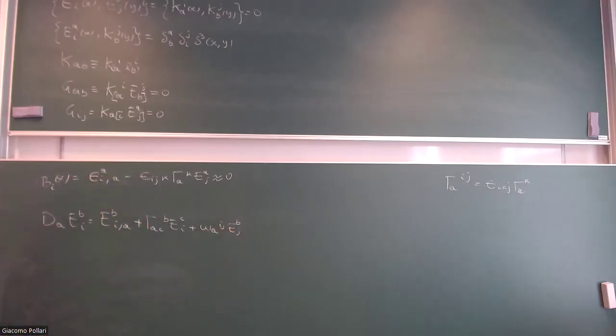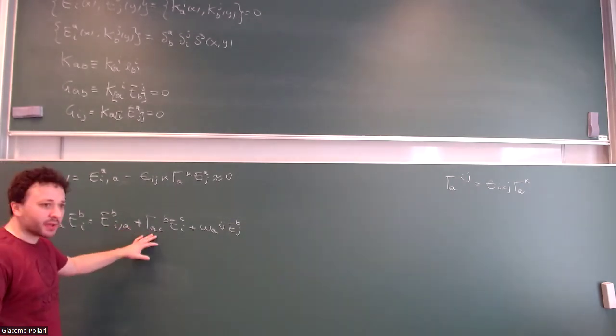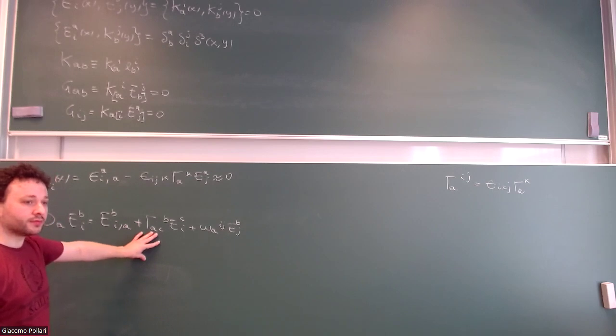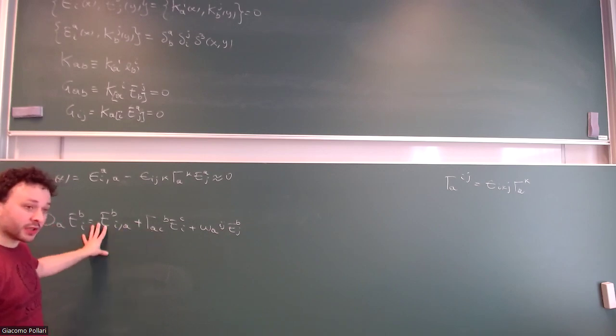Is it primary or secondary? What do you mean by this? Does it come from some commutator with other constraints, or do you get it directly from the definition of this covariant derivative?